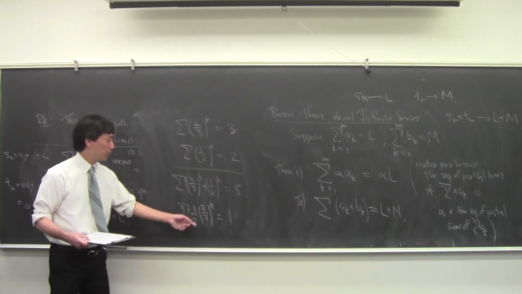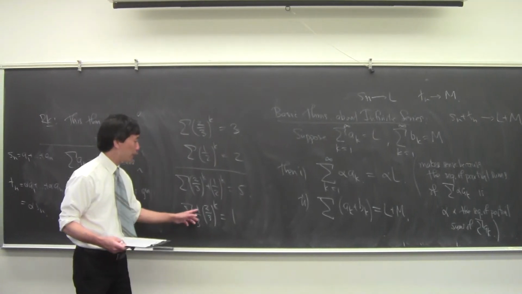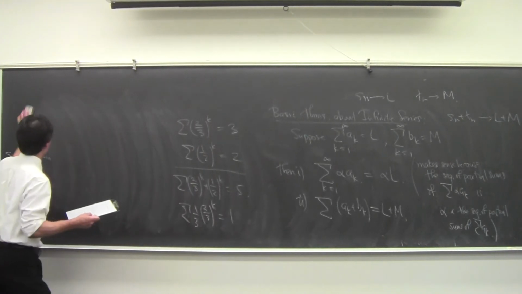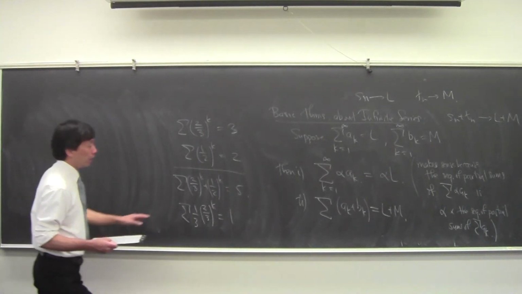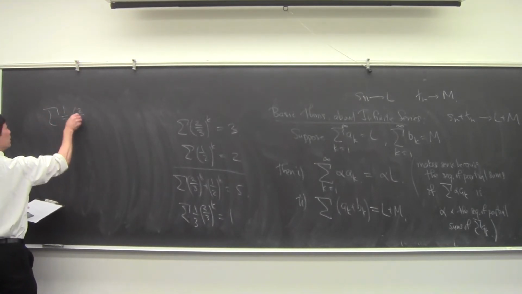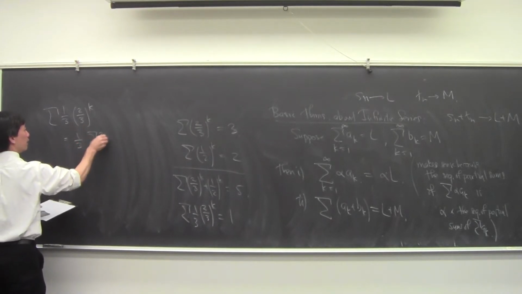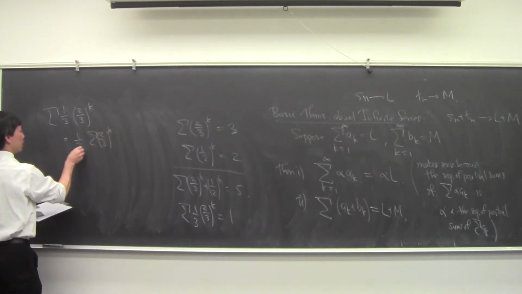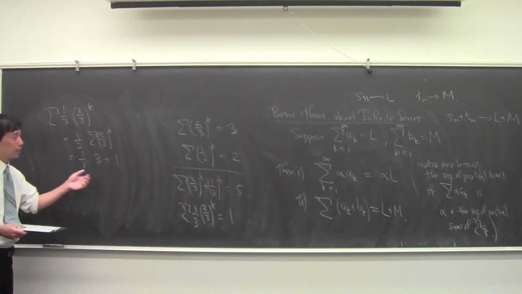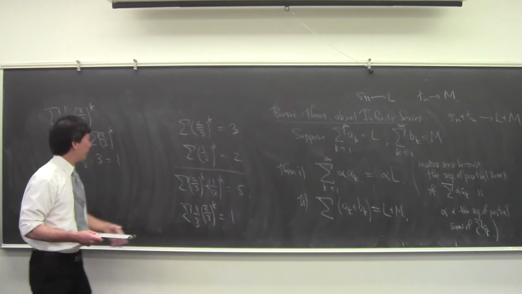That's okay because it's basically saying that you can pull a constant out. If I have this 1/3 times 2/3 to the k, I can pull the constant out and say this is going to be 1/3 of 3, in other words, 1, because we worked out that this was 3 using the geometric series formula.